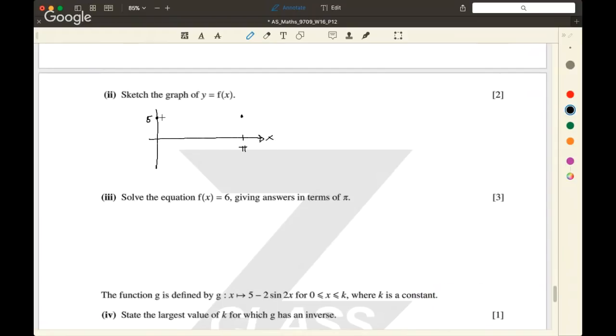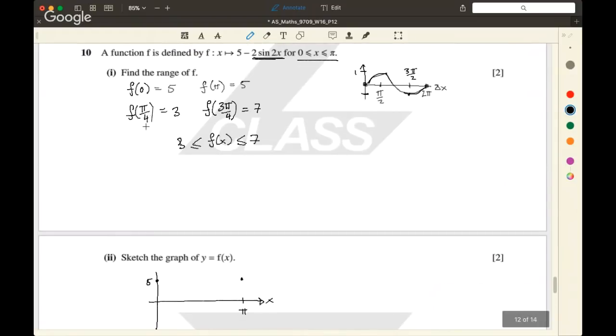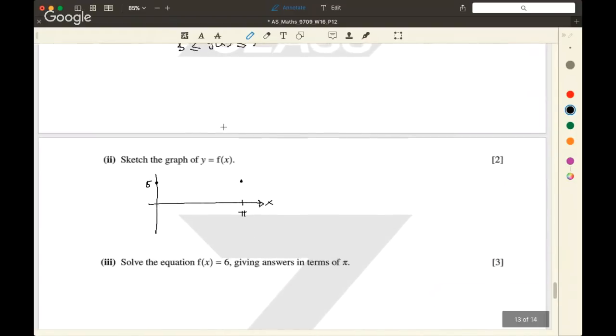And it's going to have a minimum at pi on 4, and then a maximum at 3 pi on 4. So it's going to dip down and then up again. So it's going to look like this. And here it's going to be 3, and up there it's going to be 7. And that's it. That's the entire graph.